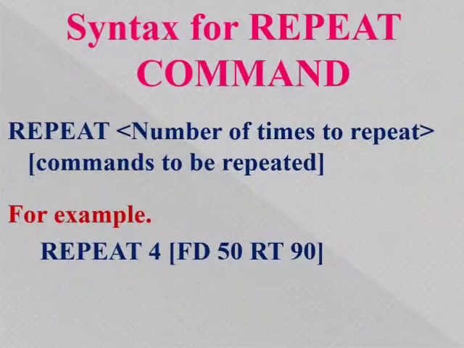FD 50, RT 90. हमने देखा कि स्क्वायर ड्रॉ करने के लिए हमने FD 50 एंड RT 90 4 टाइम्स लिखा था. तो हमने ये कमांड्स, जो 2 कमांड्स है, उसको स्क्वायर ब्रैकेट में लिखा. 4 टाइम्स रिपीट करना है तो हमने 4 लिखा.